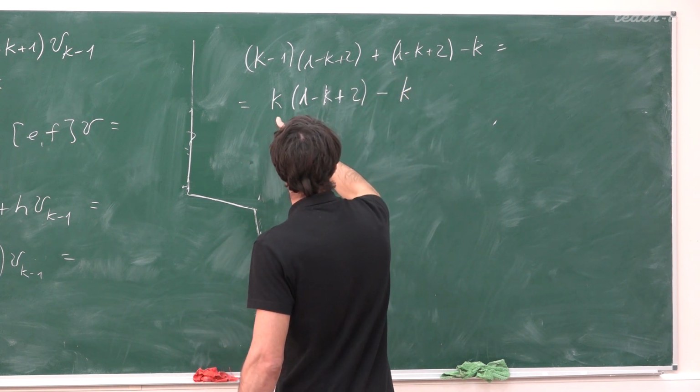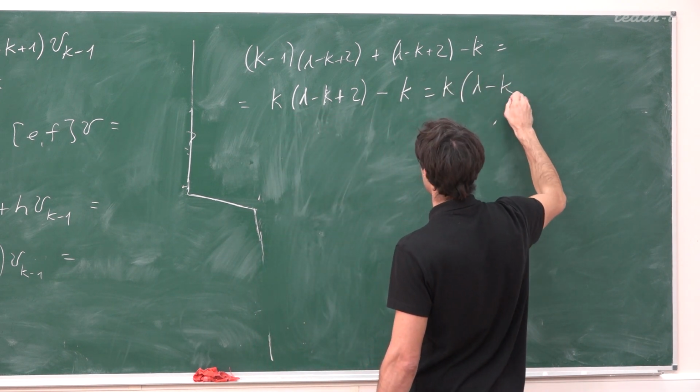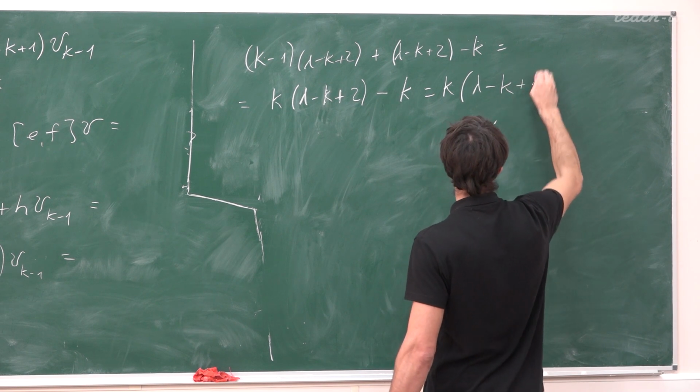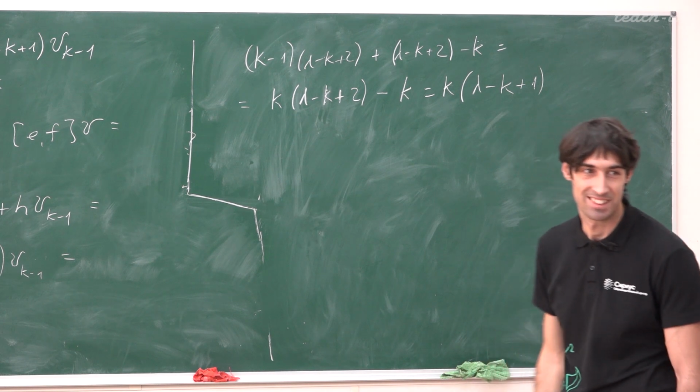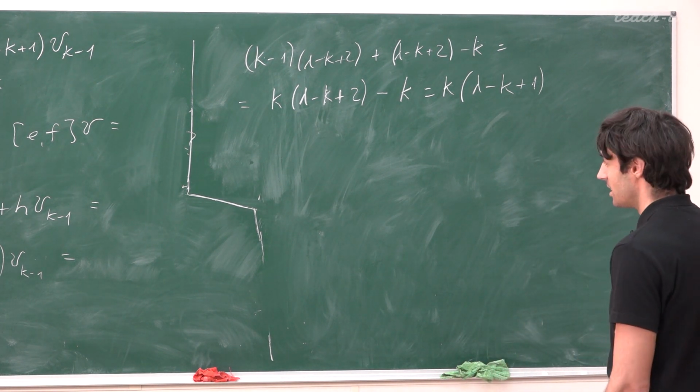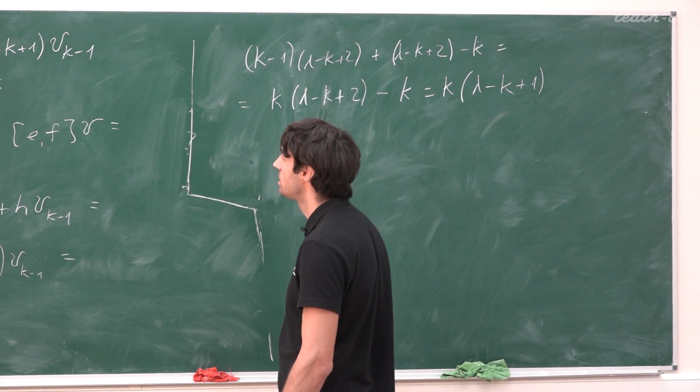So it's k lambda minus k plus 2 minus 1 plus 1. Victory. Okay, so we proved the claim.